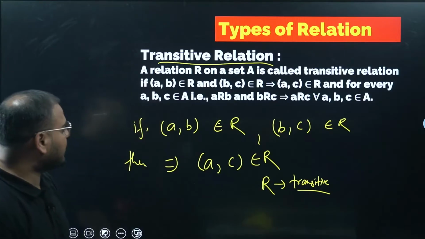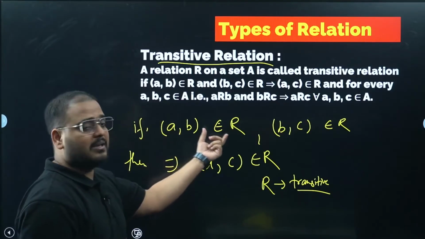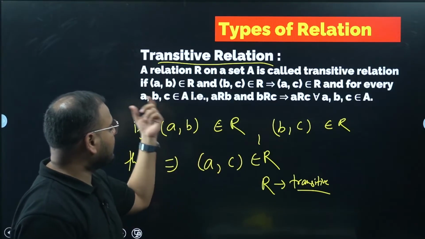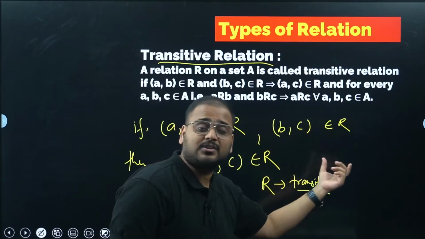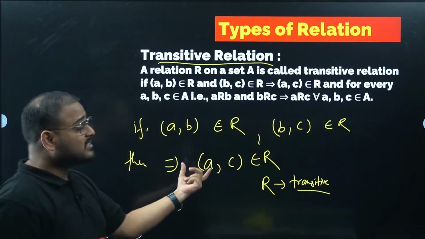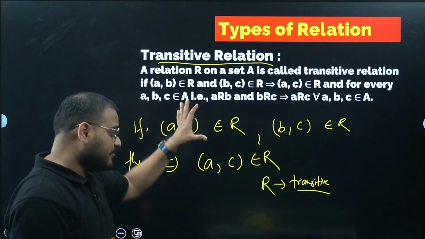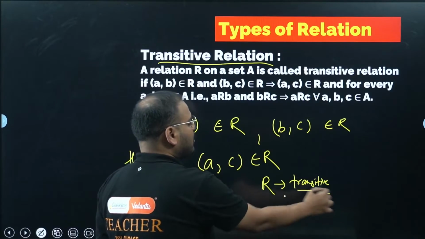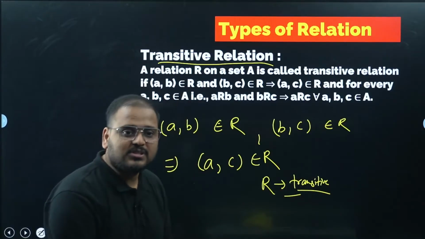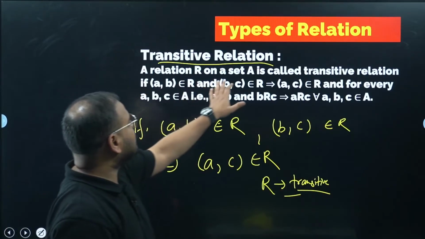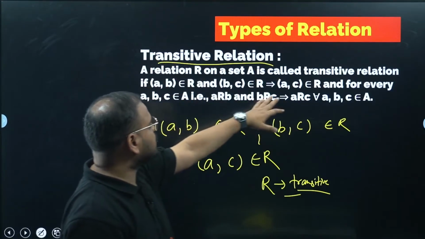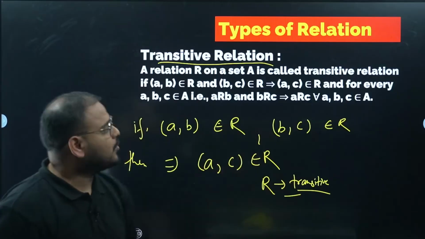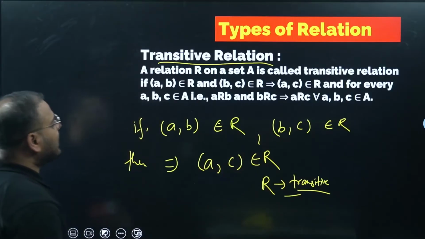I'll repeat again. If A comma B belongs to relation R, and B comma C belongs to relation R, then A comma C must belong to relation R. And if this is true, then the relation R can be called a transitive relation. Hope this is clear. A relation R on a set A is called a transitive relation if A comma B belongs to R, B comma C belongs to R, then A comma C belongs to R. How do we write it?